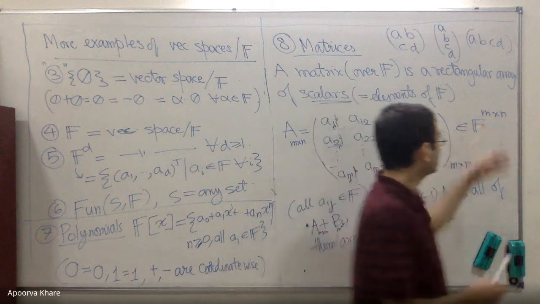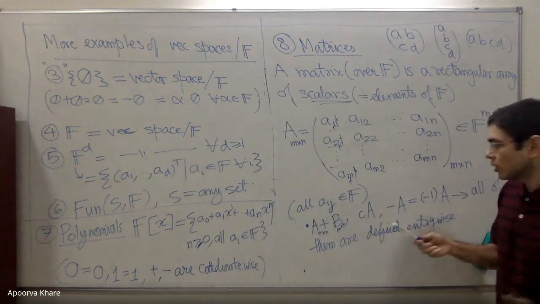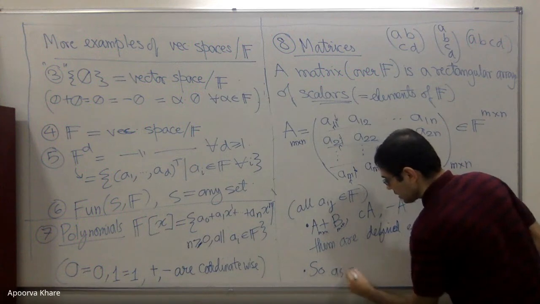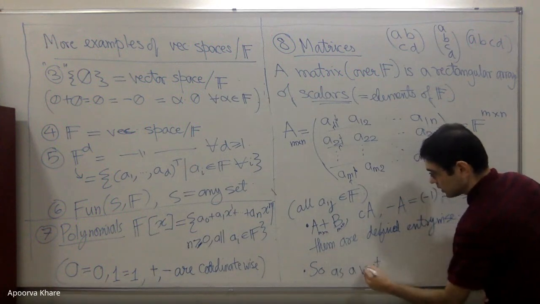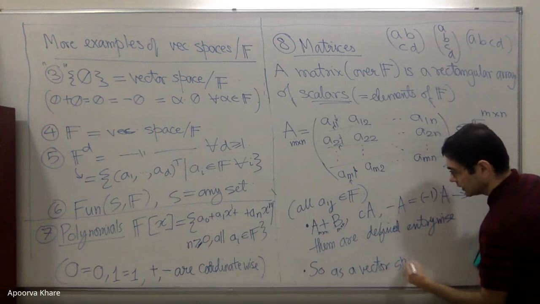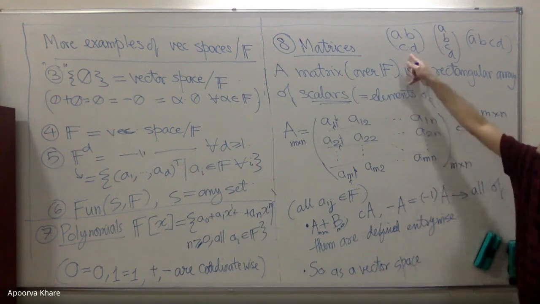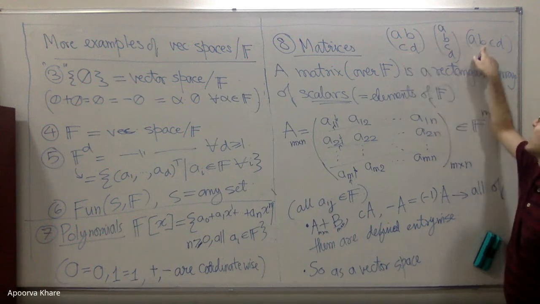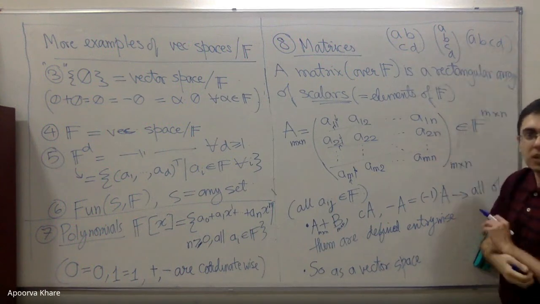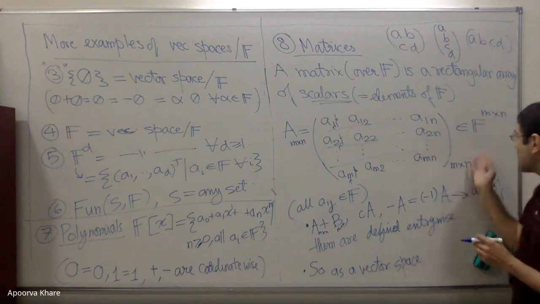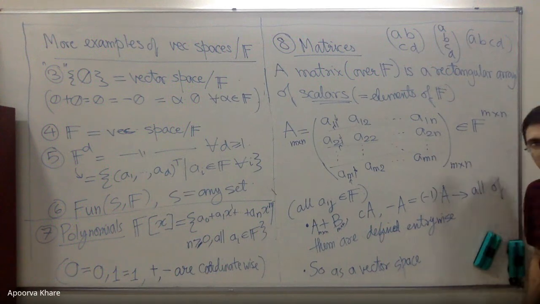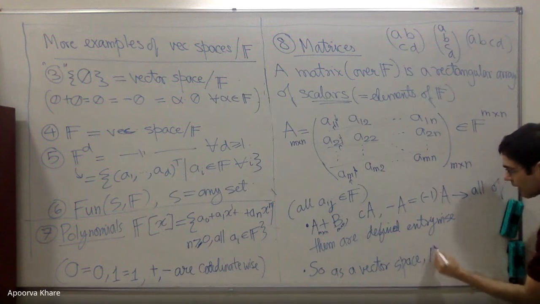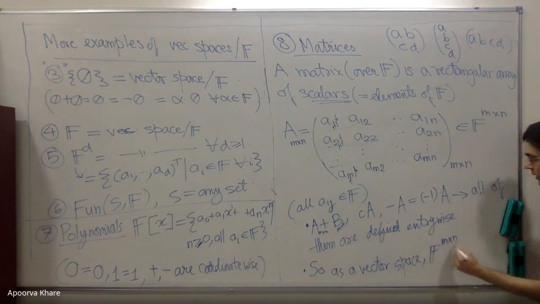So what I'm saying is this F to the m cross n, as a vector space, is exactly the same. This vector space of all possible scalars A, B, C, D is the same as F raised to m times n, either as a single long column or a single long row. F to the m cross n is isomorphic to it.